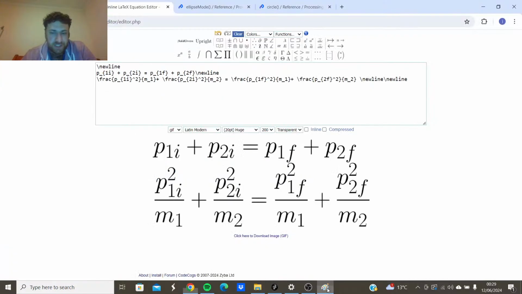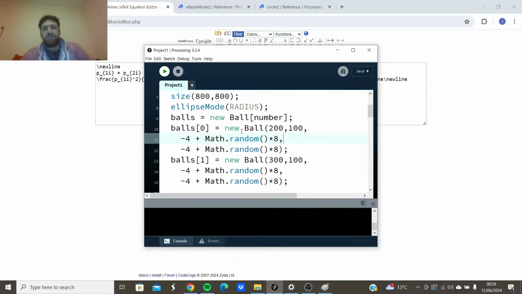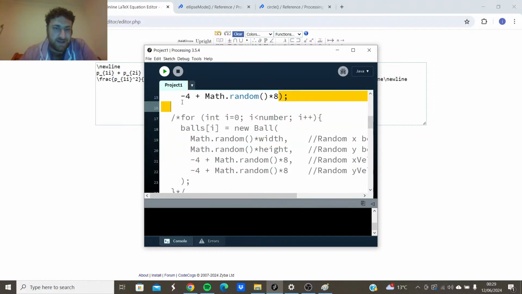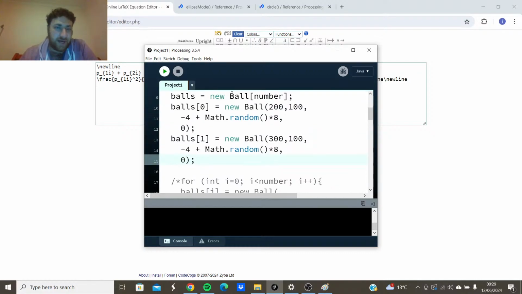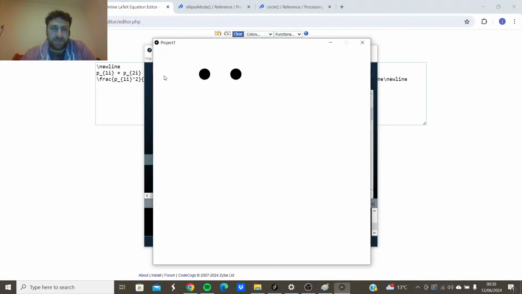This might actually be not the best, but it is what it is, so go for it. So we actually want to change this to 0. We don't want any y velocity for these two just yet. Eventually we're going to have all the balls colliding and it's going to be great. But, you know, we're taking our time with this one.